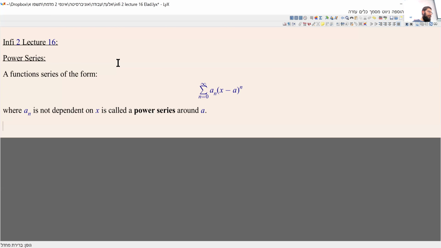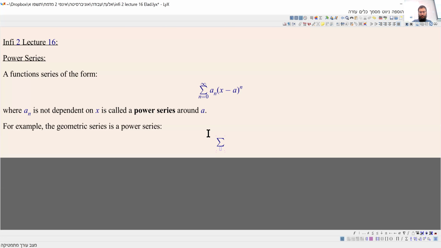We already know some. We have an example for a power series: the geometric series. For example, the geometric series is a power series.